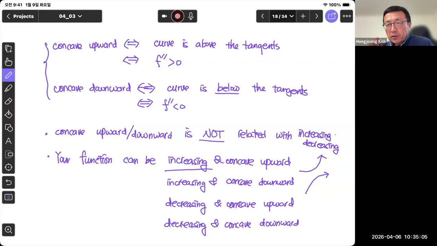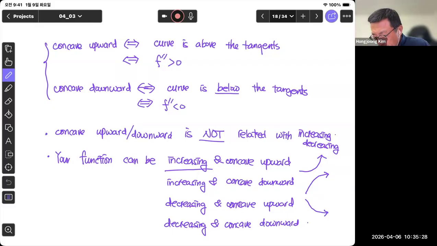If your function is decreasing and concave upward, the shape is that of the x squared function. It decreases and is concave upward. And if your function is decreasing and concave downward, then your function decreases as in negative x squared function.